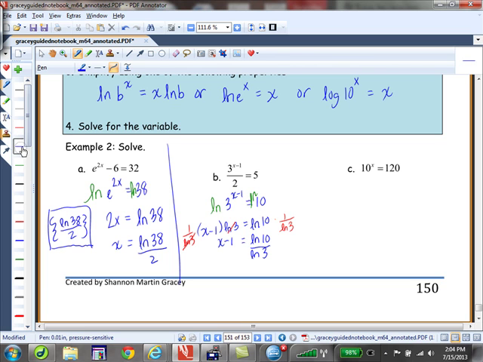And then when we add 1, we'll get x is equal to natural log of 10 over natural log of 3 plus 1, but we want to get a common denominator here. So the common denominator is natural log of 3. So we'll have x is equal to natural log of 10 plus natural log of 3 all over natural log of 3. But we can do one more thing there to make it prettier.